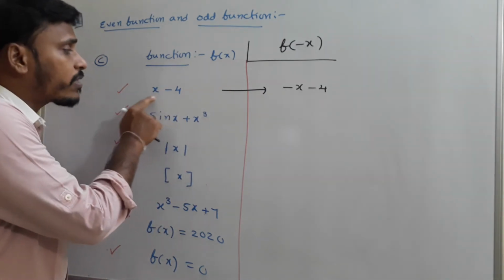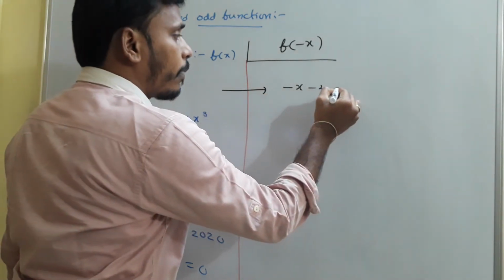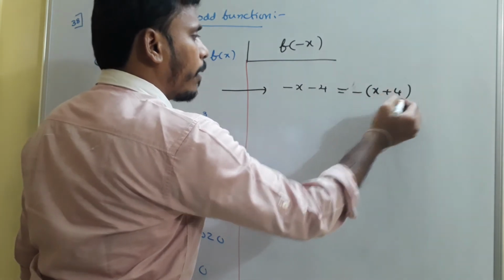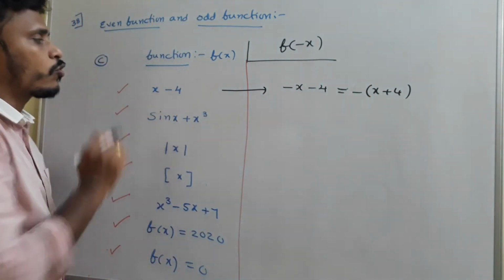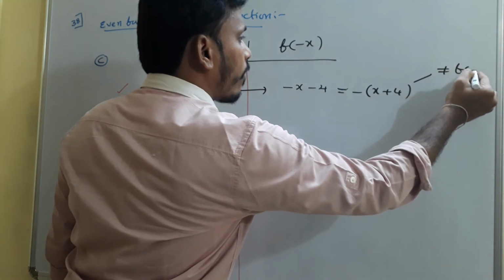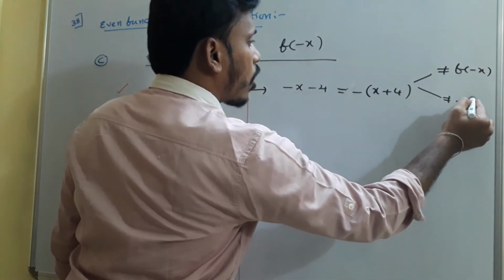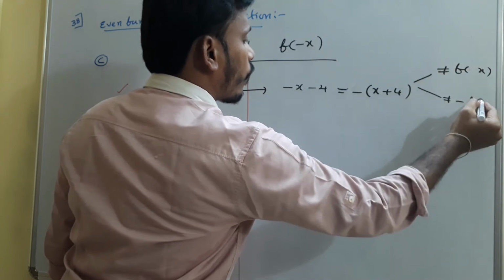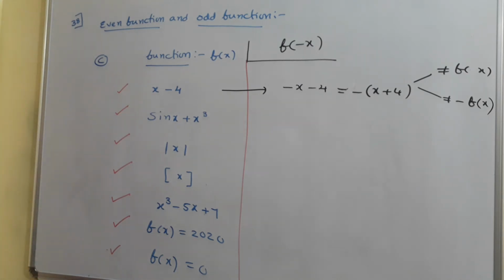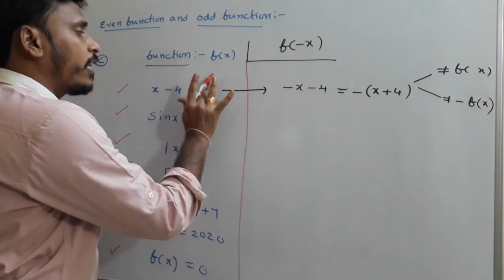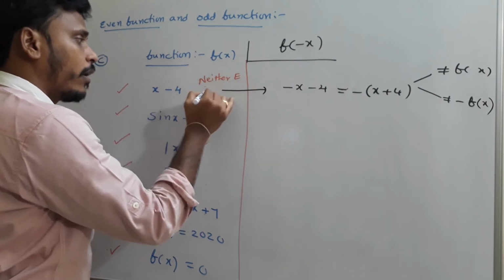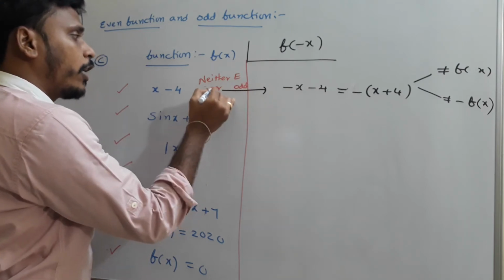If I write it by taking out minus, it becomes minus of x plus 4, but this x plus 4 is not equal to f of x. So this minus x minus 4, that is f of minus x, is not equal to f of x and is not equal to minus f of x. And that's why we call this particular function neither even nor odd.